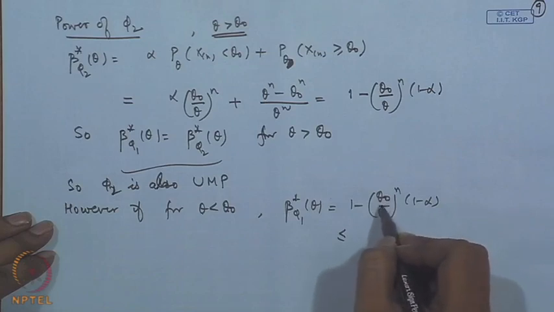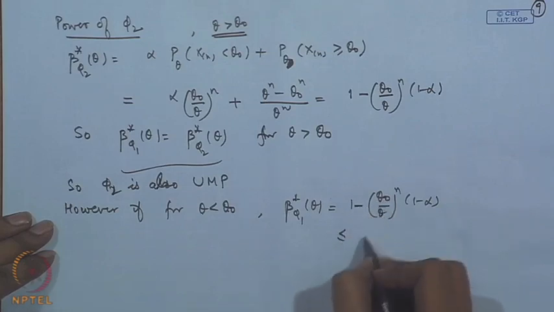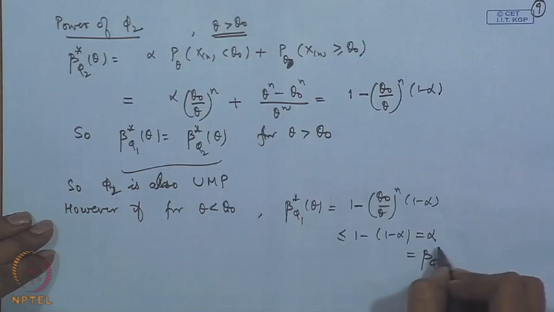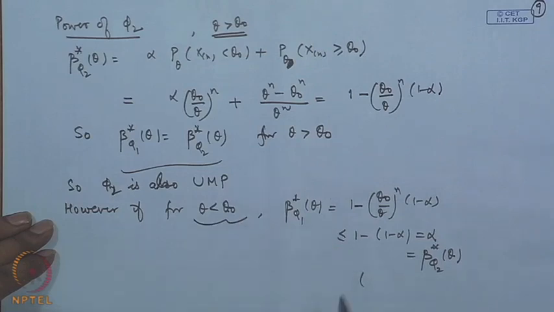So, if I take minus here, this will be less. So, this is less than or equal to 1 minus alpha, that is equal to alpha, that is beta phi 2 star theta for theta less than theta naught.